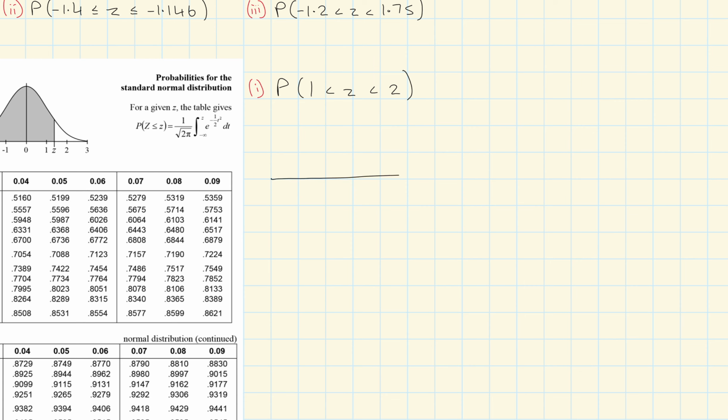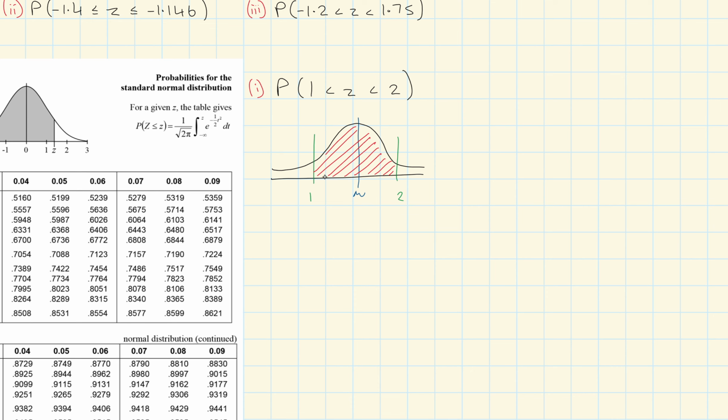Okay, so a quick sketch. So we have our mean here in the middle, and they're looking for the probability that Z sits between 1 and 2. So there's all my area in between.